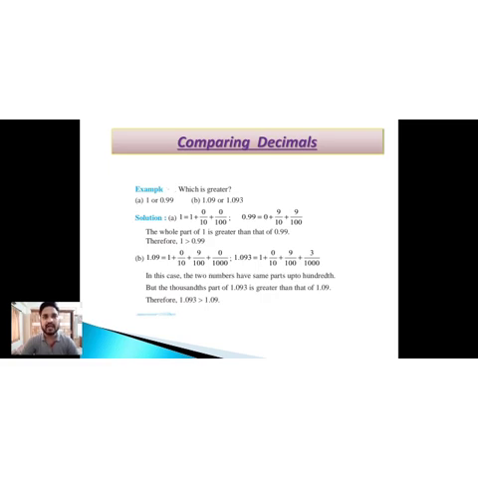First, 1 equals 1 plus 0 upon 10 plus 0 upon 100, and 0.99 equals 0 plus 9 upon 10 plus 9 upon 100. The whole part 1 is greater than 0.99. Therefore, 1 is greater than 0.99.